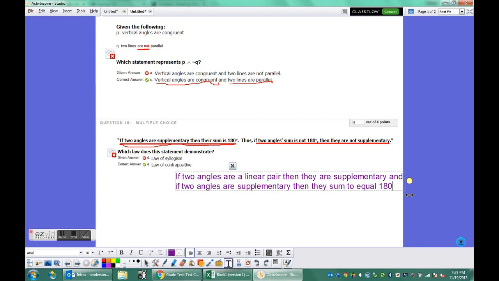So if I was doing law of syllogism, then my conclusion would be thus, if two angles are a linear pair, then they sum to equal 180.